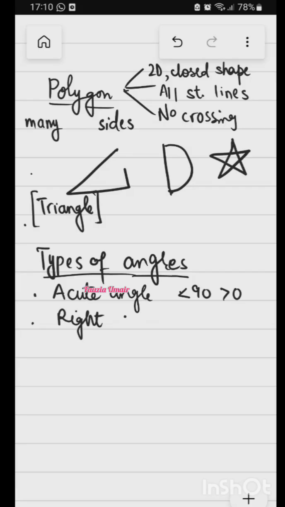Ma'am, it's exactly 90 degrees. Exactly 90. So then what is the next angle, bigger than right angle? Obtuse angle. Obtuse angle is more than 90 degrees but less than 180 degrees. Very good. Bigger than 90 but smaller than 180 degrees.